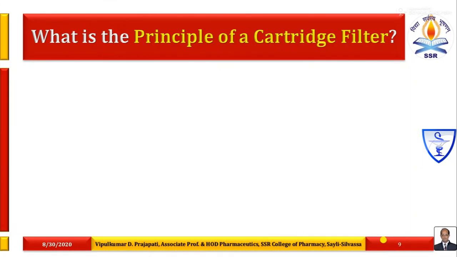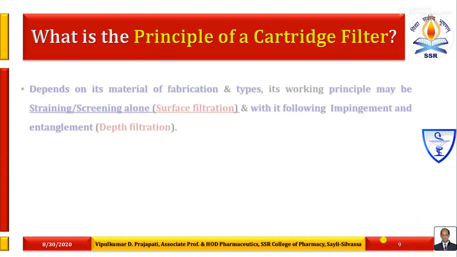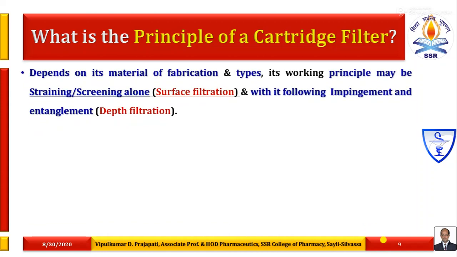Now, what is the principle of a cartridge filter? It depends on its material of fabrication and types. Its working principle may be straining or screening alone, which is a type of surface filtration, or straining followed by impingement and entanglement, which is the type of depth filtration.